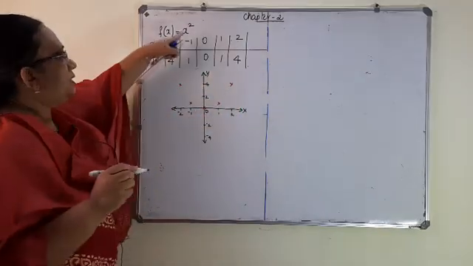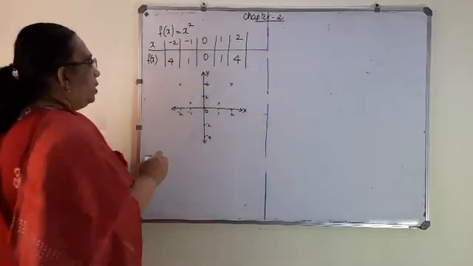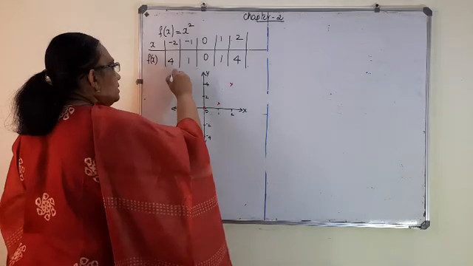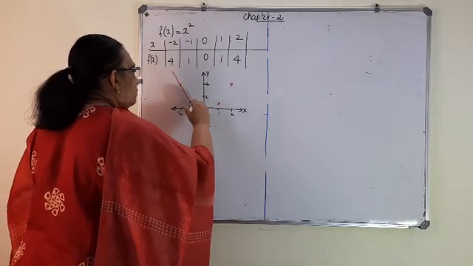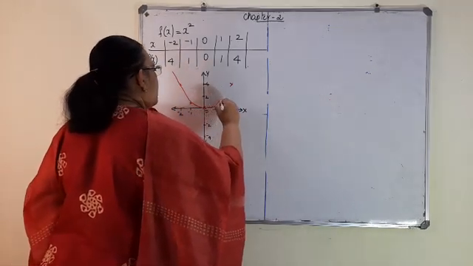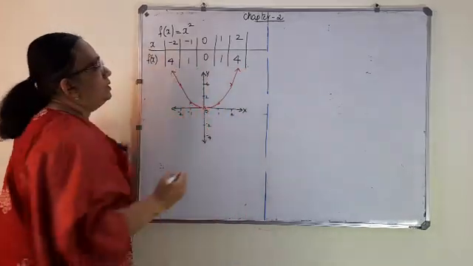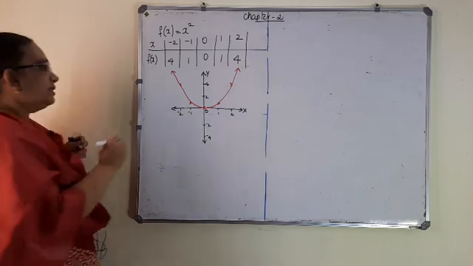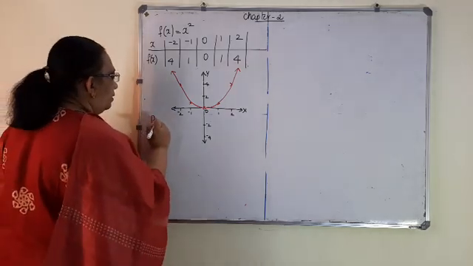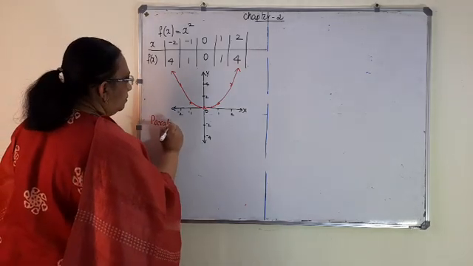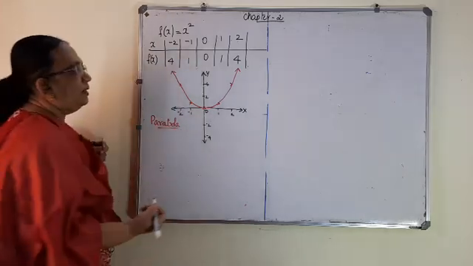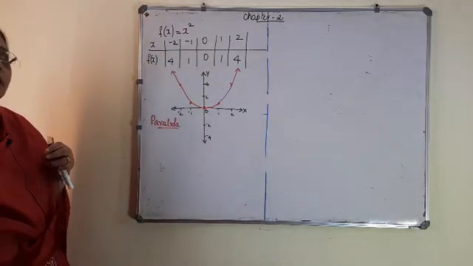Since the power of x is equal to 2, I join the points using a smooth curve. This is the shape of the graph, and this graph is called a parabola, the standard form of the parabola.